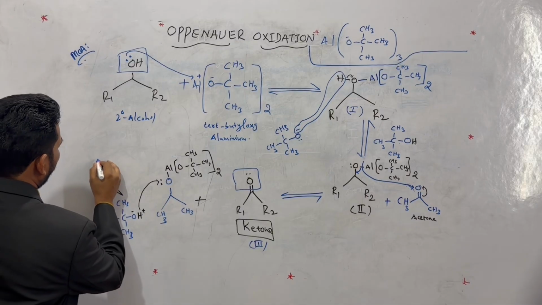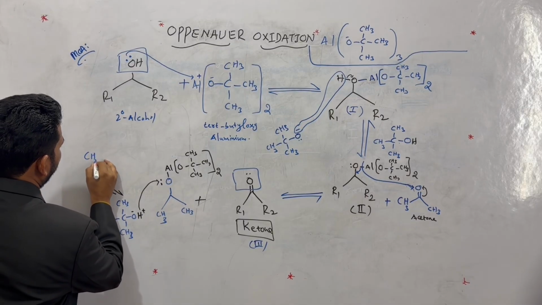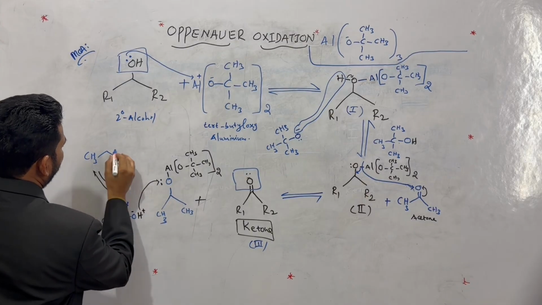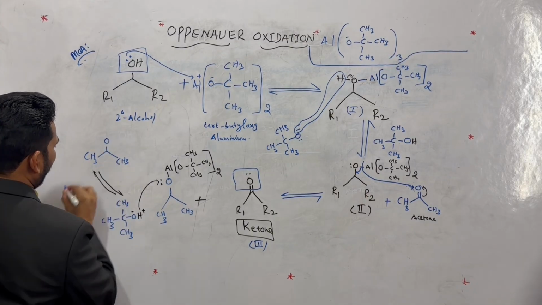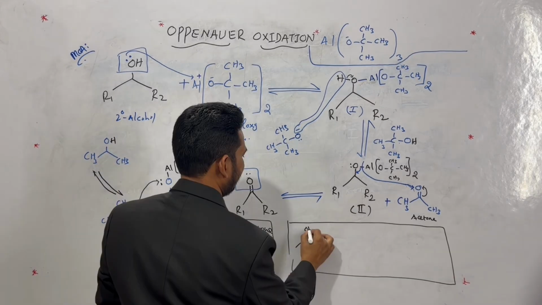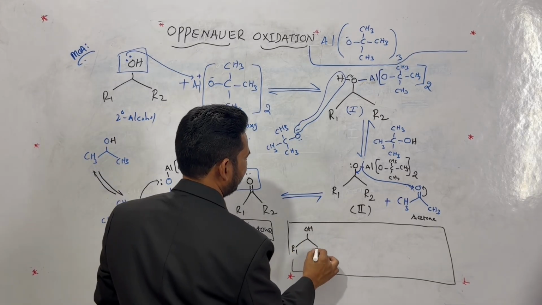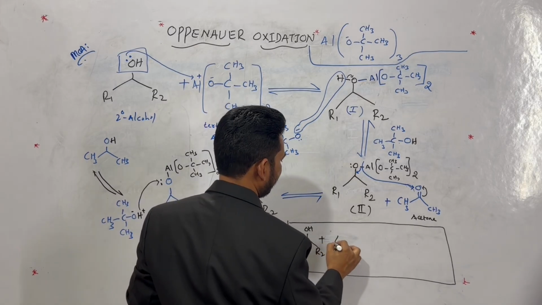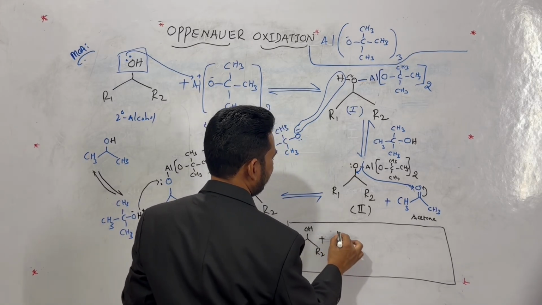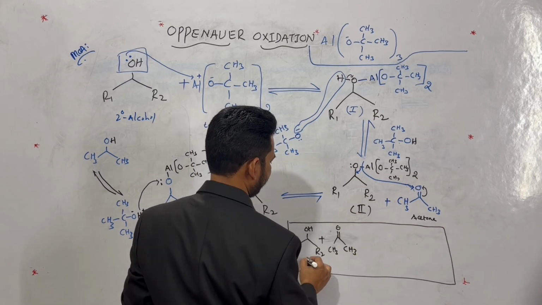Now this one is converted to O. This hydrogen comes and joins here. Secondary alcohol reacts with acetone. Acetone is the ketone.